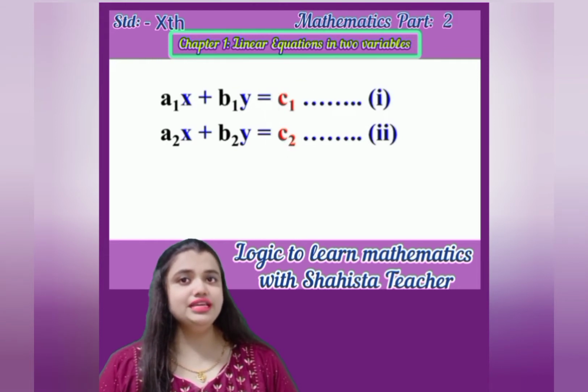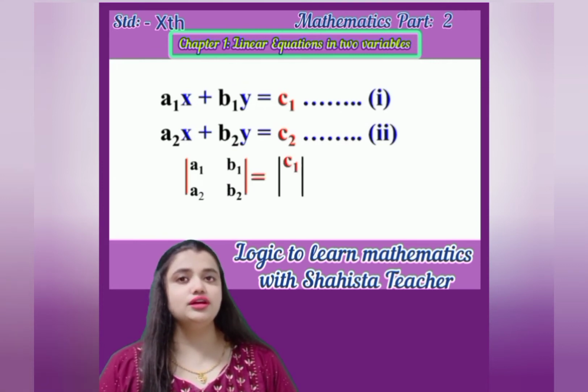Here a and b are coefficients because they are coefficients with variables, and the last column is the column of constants. Okay, so here this a1, b1, a2, b2. Similarly the second column is c1 and c2.